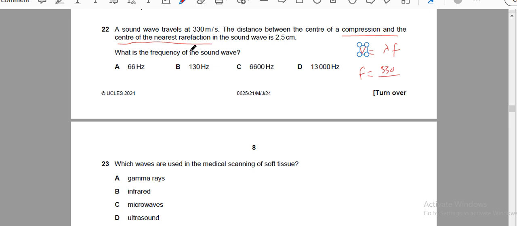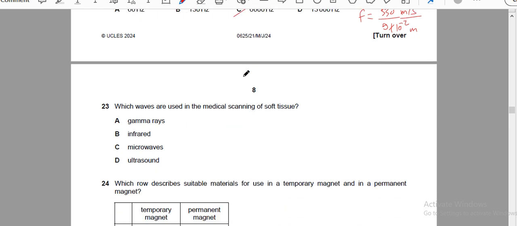Compression to rarefaction is half the wavelength, so the total wavelength is double this distance, so it is 5 times 10 to the power minus 2. As we have this velocity in meter per second, the wavelength should be in meters to have frequency in second minus 1 or in hertz. Calculate it and you will find the answer C.